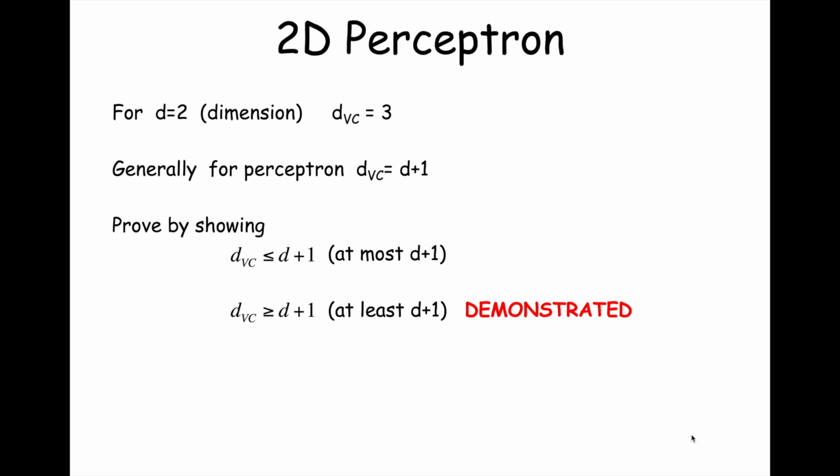The VC dimension is that point where it can continue to generate all possible dichotomies. Now, of course, this relationship talks about the relationship between the VC dimension and the dimensionality of the input representation. That's a different statement from talking about the growth function, the number of dichotomies. Does that make sense? Okay.